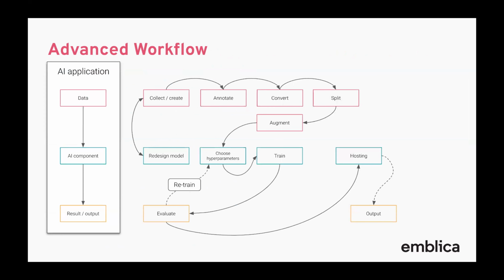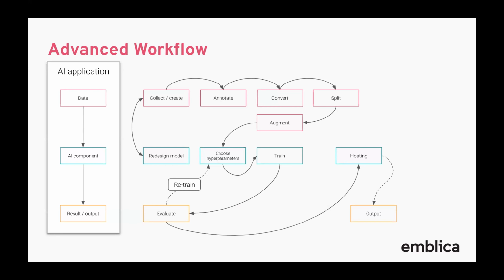And here is again the advanced workflow. So we have added the augmentations after the data pre-processing. And then there's the model redesigning that happens perhaps at the beginning. Then it happens after we have trained a few times. We try how the model works, then we maybe have to refactor the model a bit again.